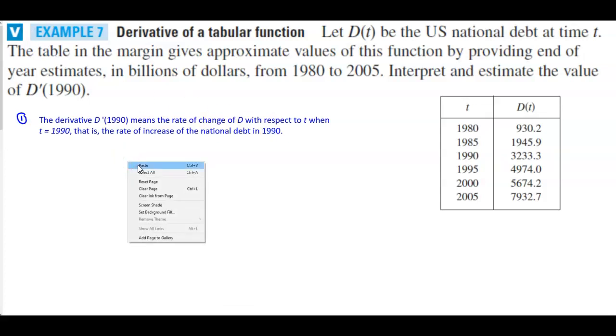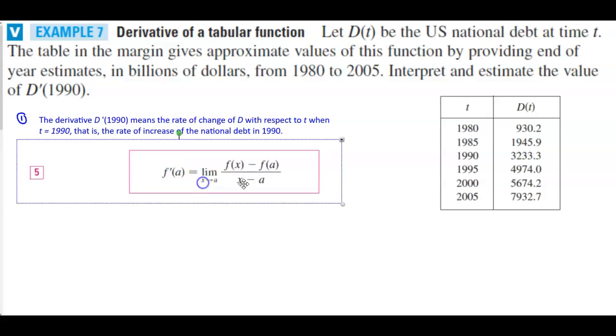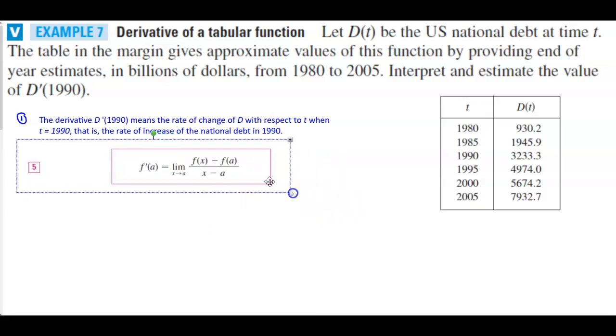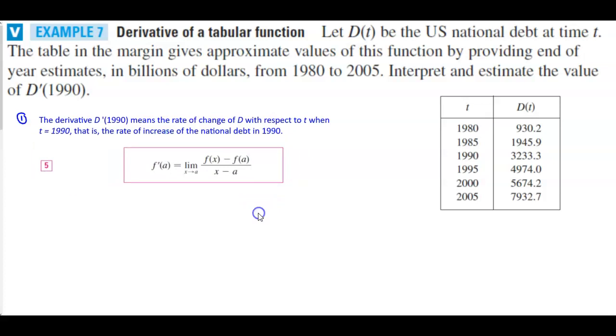So according to definition number 5, and remember, definition number 5 tells us that f'(a) is equal to the limit as x approaches a of (f(x) minus f(a)) over (x minus a).